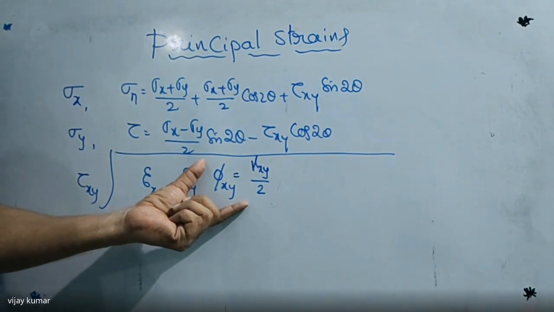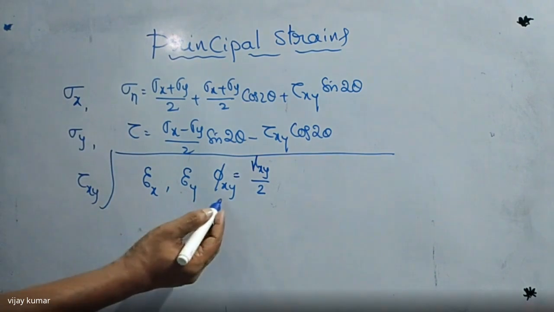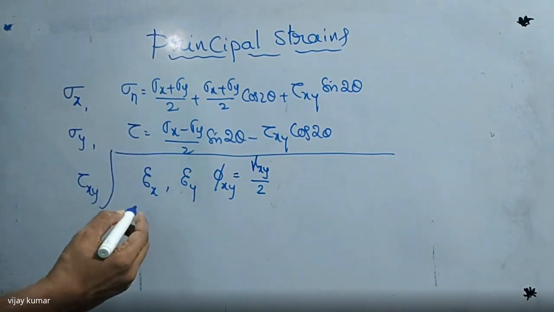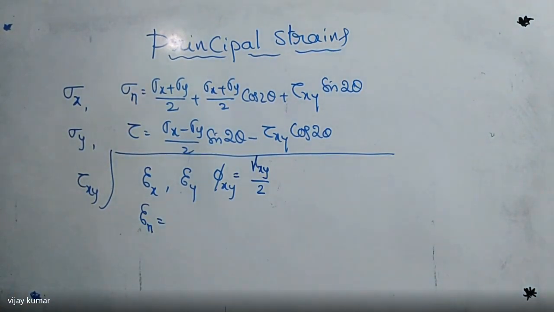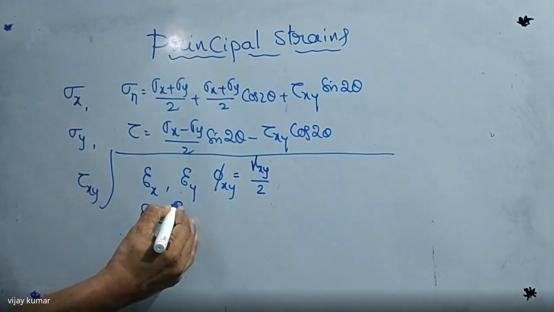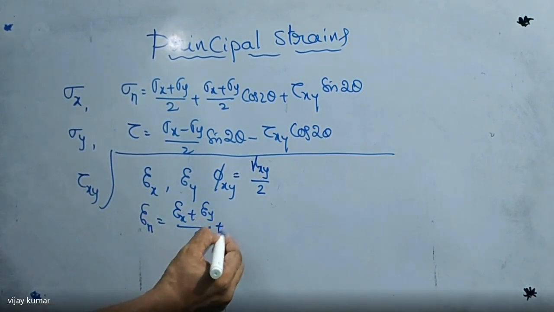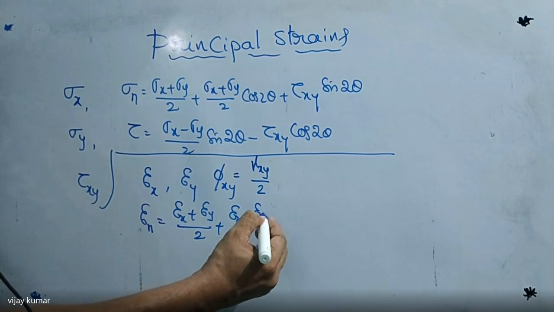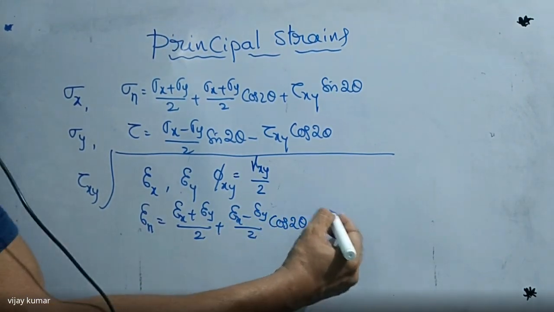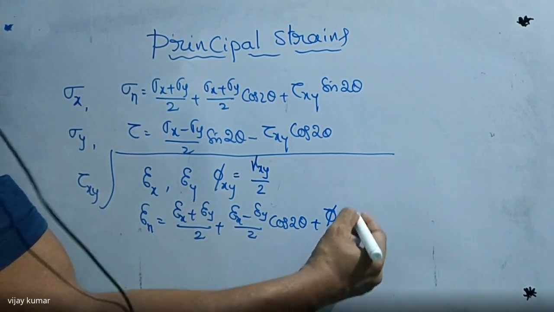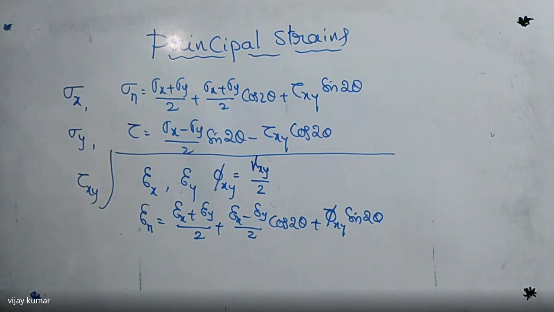There must be a derivation in our textbook; we can follow it and remember that condition. I'm going to write the same formula for this case. Epsilon n, the normal strain, is epsilon x plus epsilon y divided by 2 plus epsilon x minus epsilon y divided by 2 into cos 2 theta plus phi xy into sin 2 theta, where in place of phi xy we substitute gamma xy by 2.